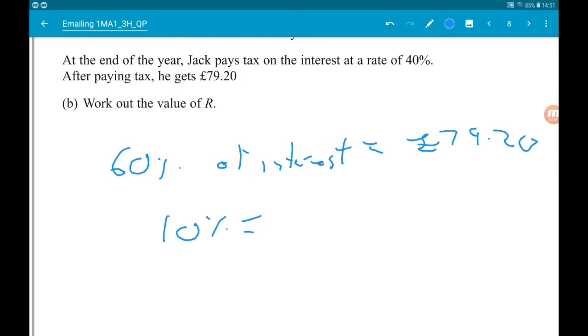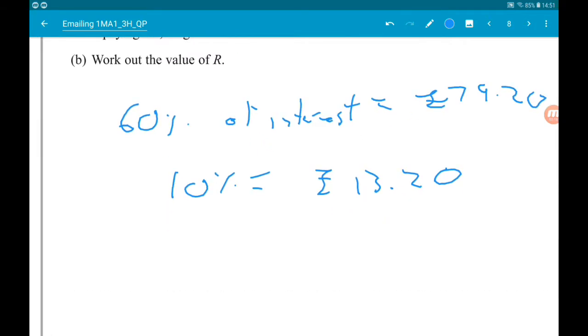That is 13.2. So that's £13.20p. So that means then that 100% of the interest is £132.